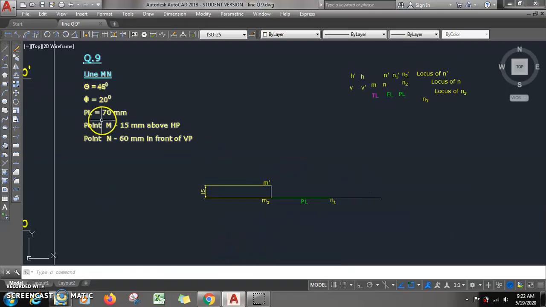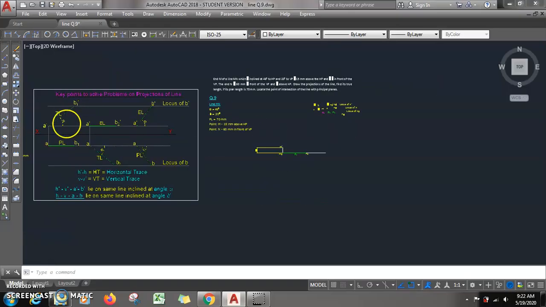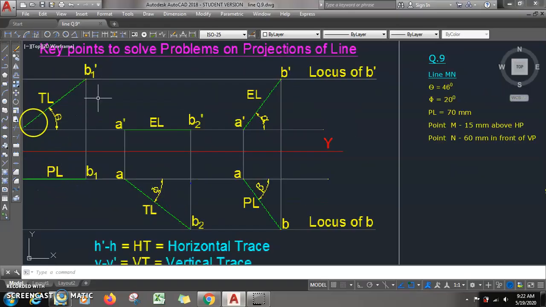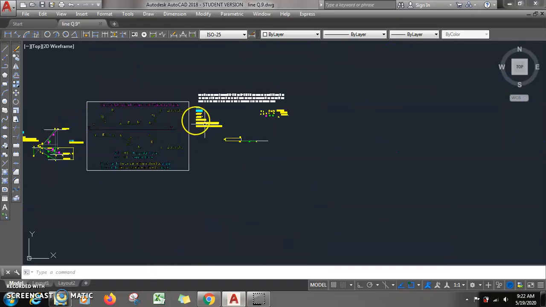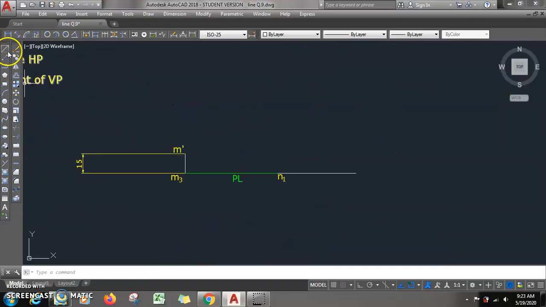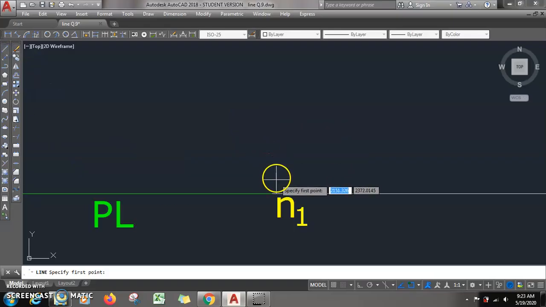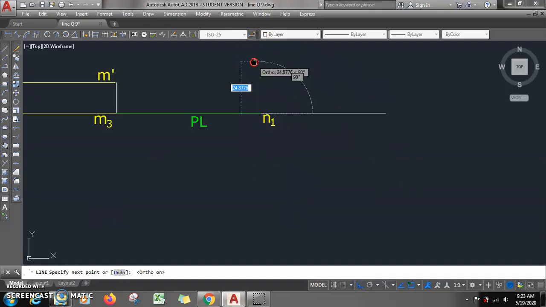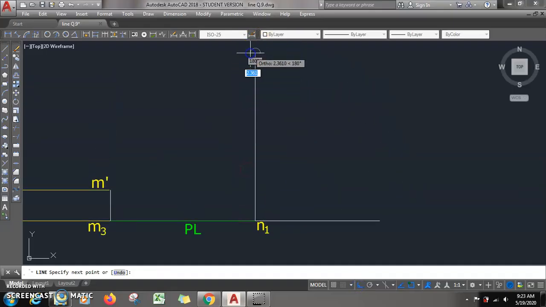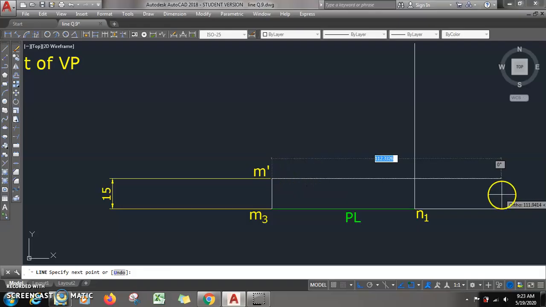Once I mark the plan length and have theta, I will be in a position to get the true length. From n1 I draw a vertical line. Then from M dash let us put one horizontal line.